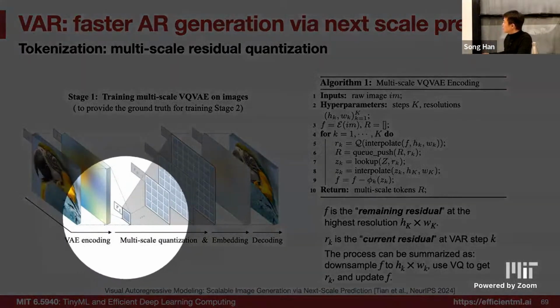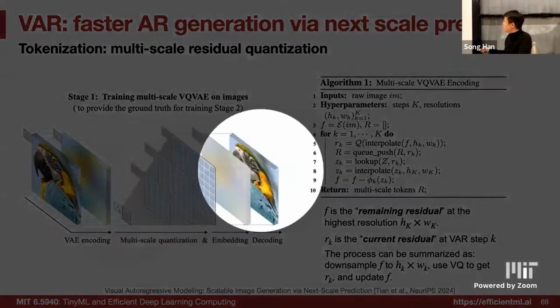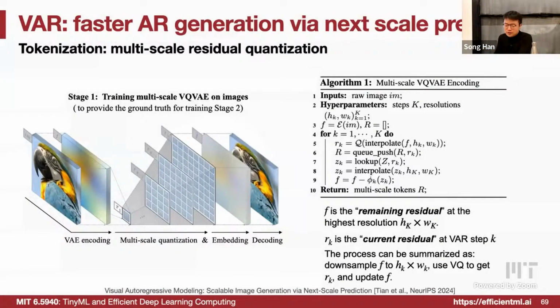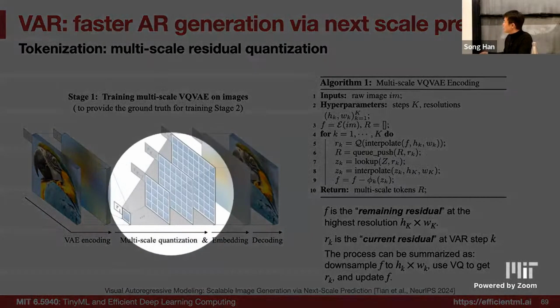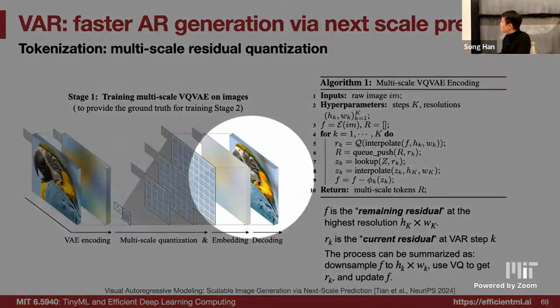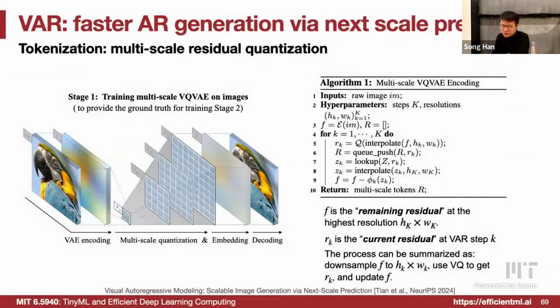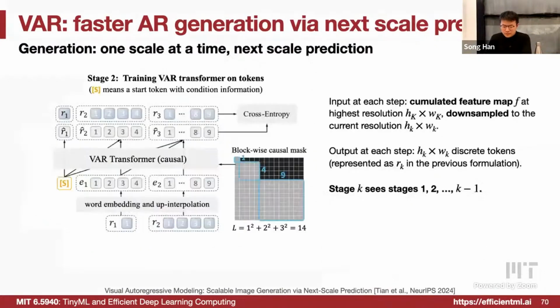You can imagine this as the very raw big picture first, versus the last stage which has very high resolution details. So it goes from the big picture to the fine-grained details, from coarse-grained pixels to fine-grained pixels. That's the order in which it generates those tokens.